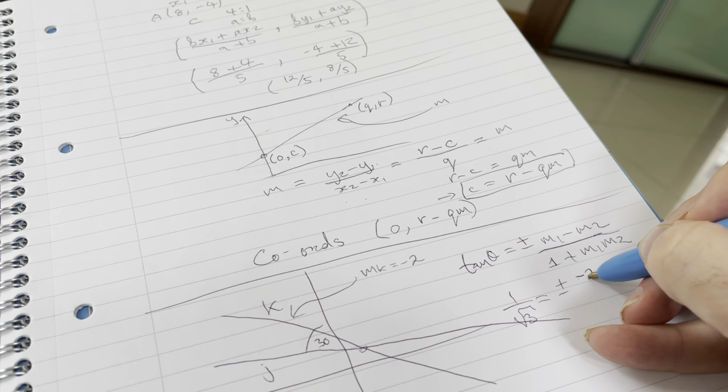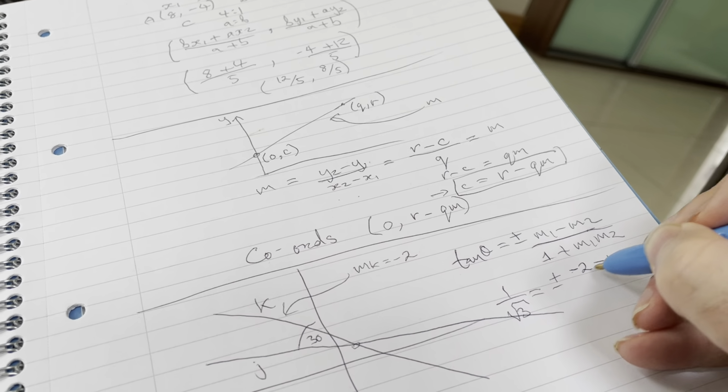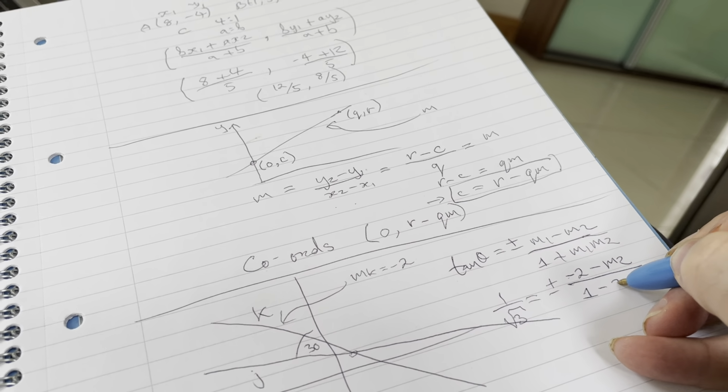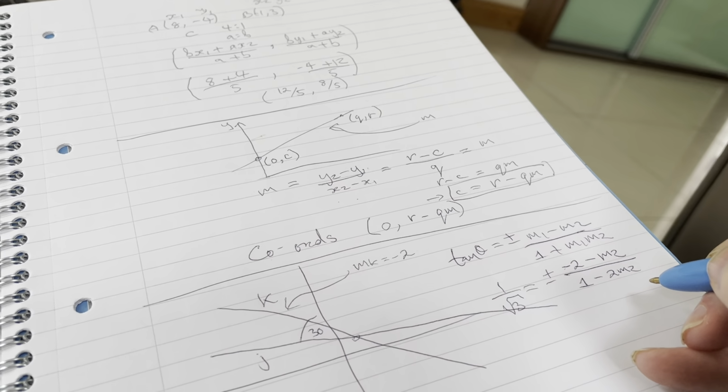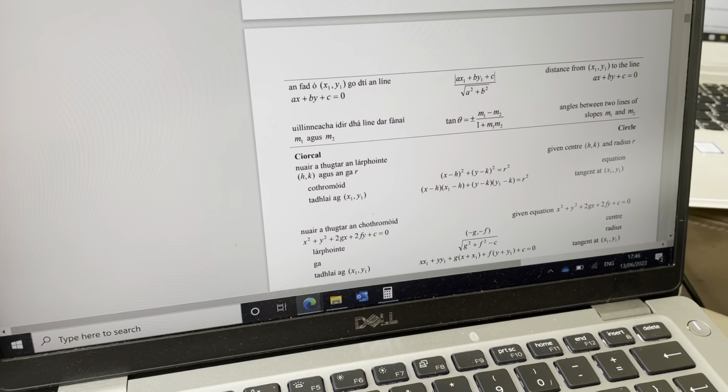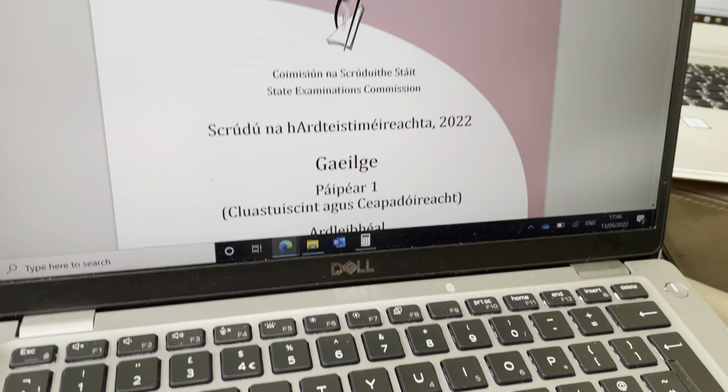So -2 minus m2 over 1 minus 2m2. Right, so really we're pretty much there. We just need m2 for that.